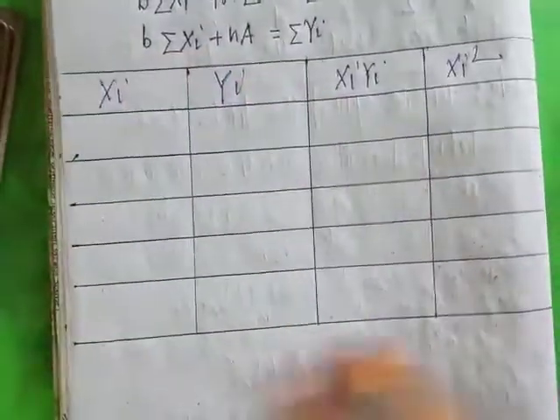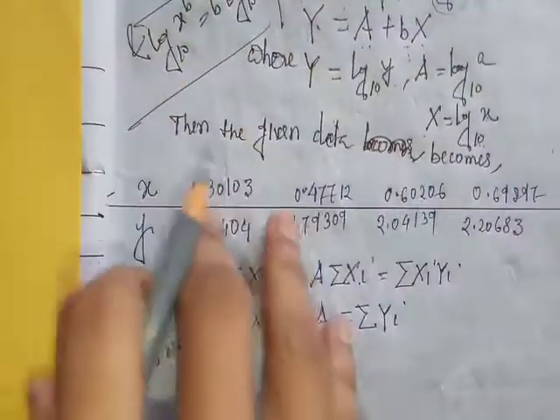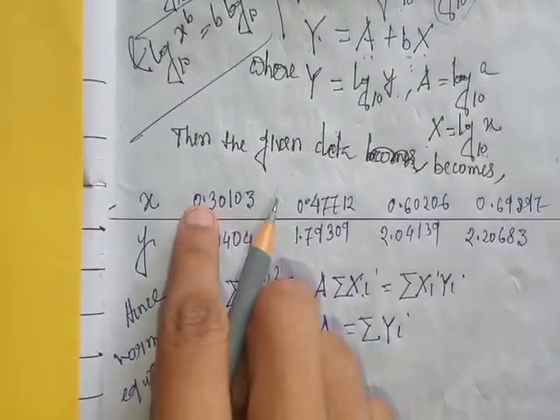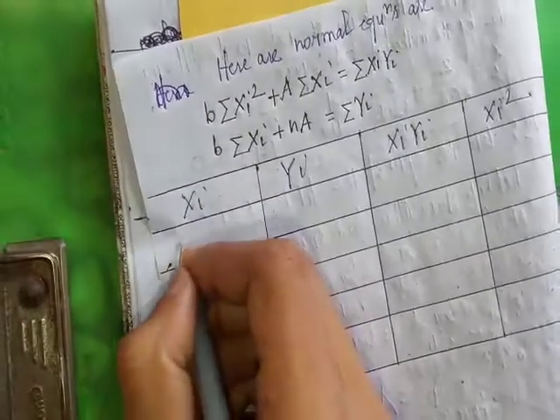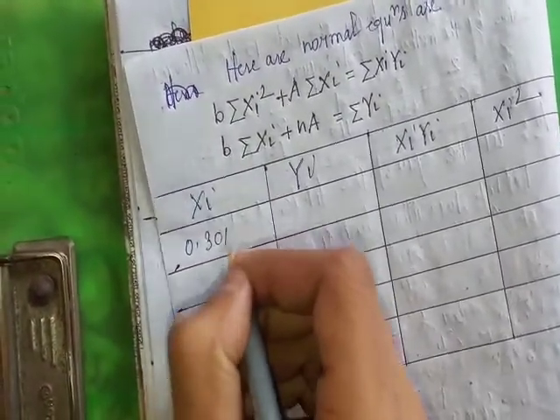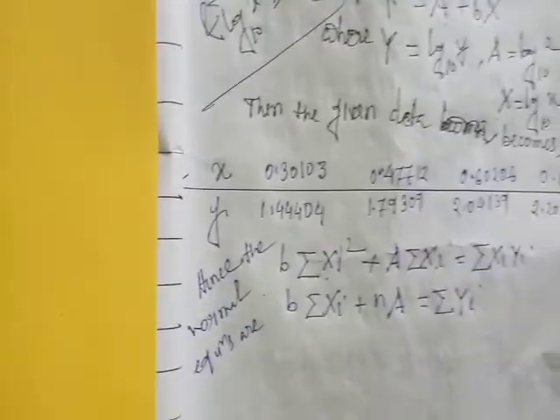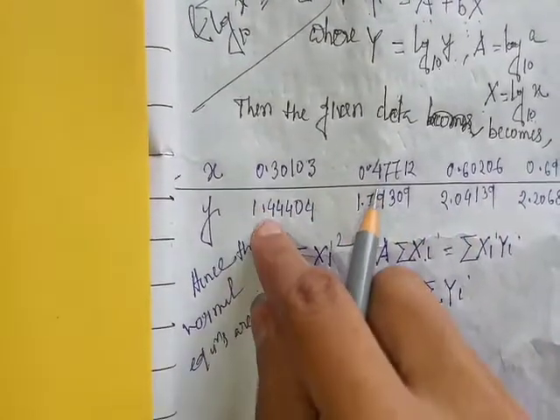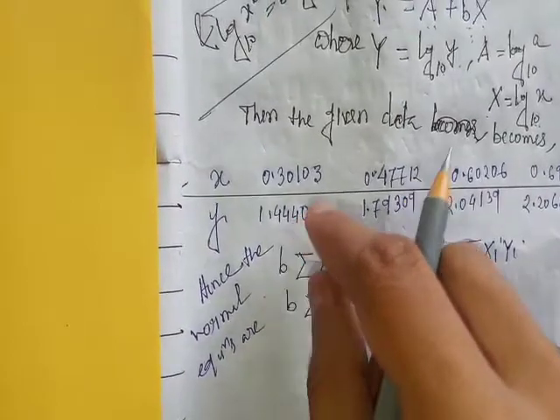Okay, so first we put these values of x and y. So x is 0.30103 and y is 1.44404.